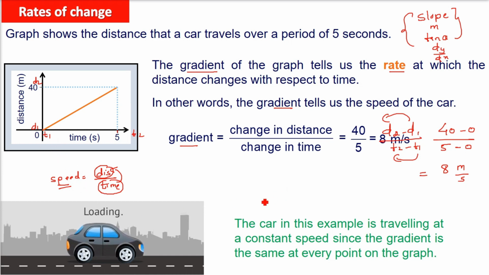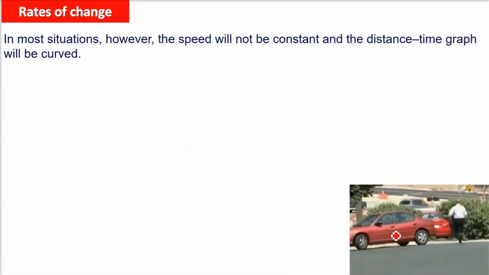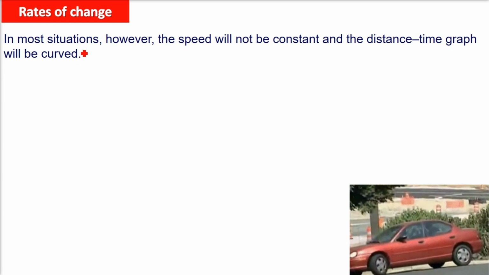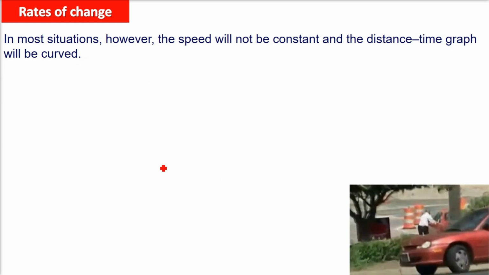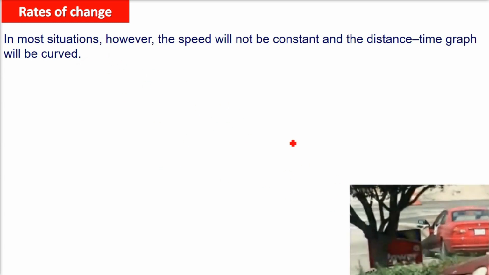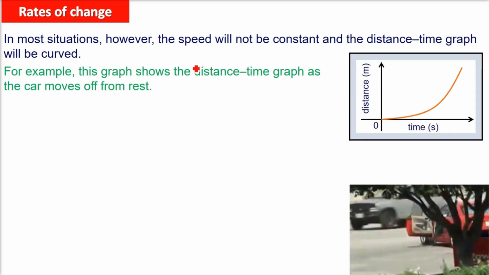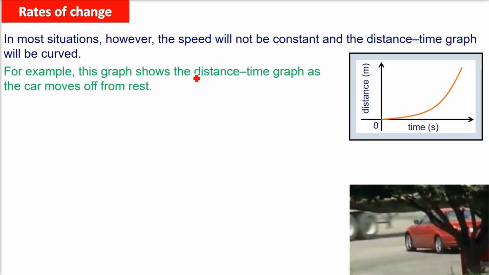But if somebody asks you about a real scenario, in a real scenario the car will start from 0, it will attain a certain speed, it will slow down, it will accelerate, and then it will come to a stop. So in most situations, the speed will not remain constant. I'm showing this picture just to show that the speed is never constant.